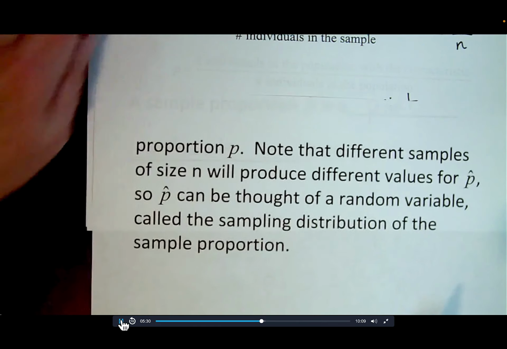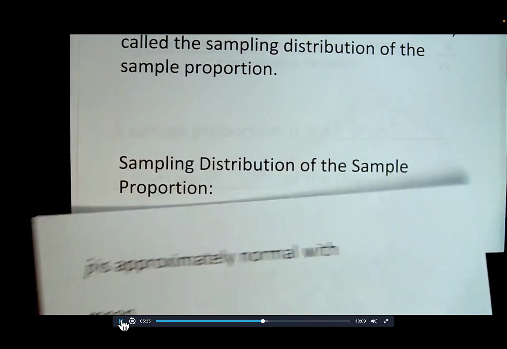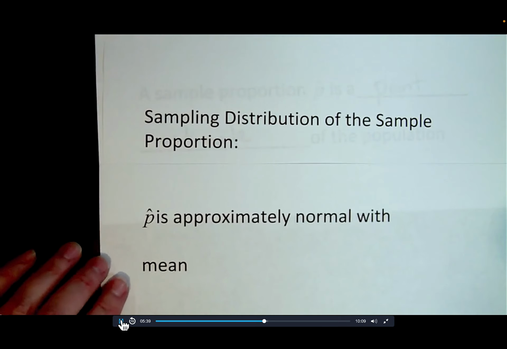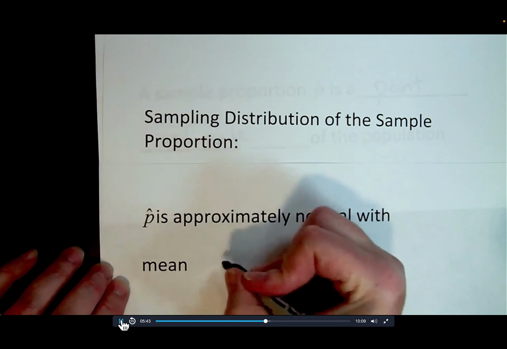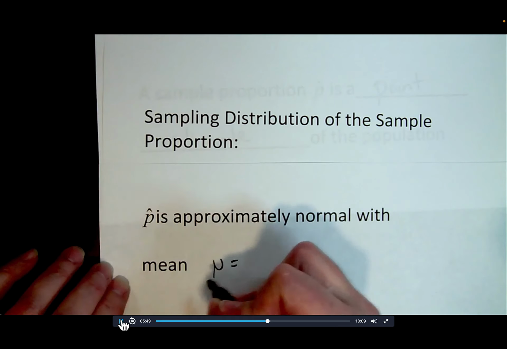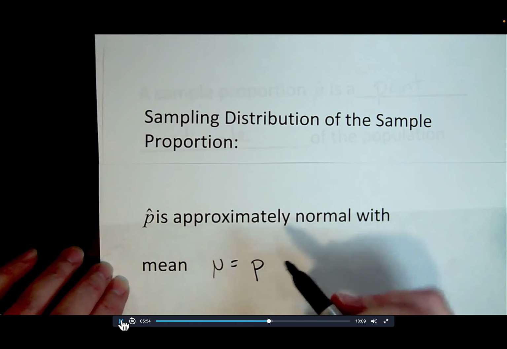The reason I mention that is we need to know that this p hat, the sampling distribution of the sample proportion, is approximately normal. Its mean is the same as p, where p is the actual population proportion.